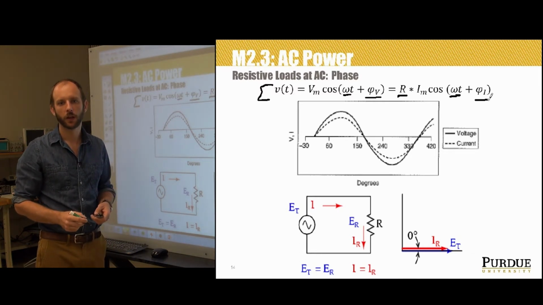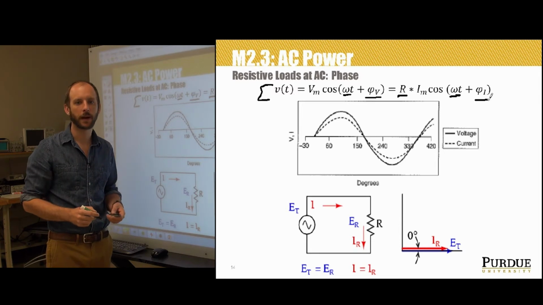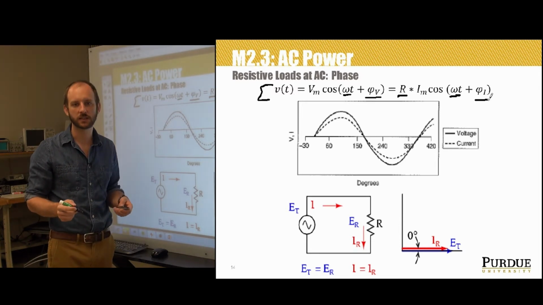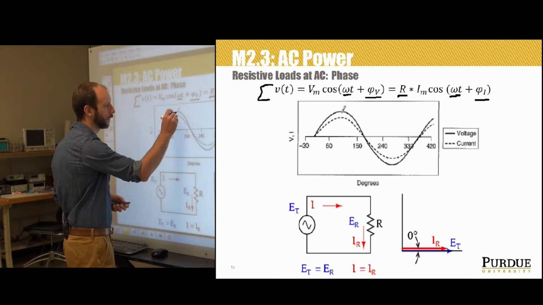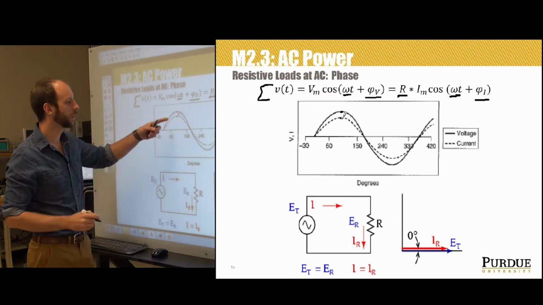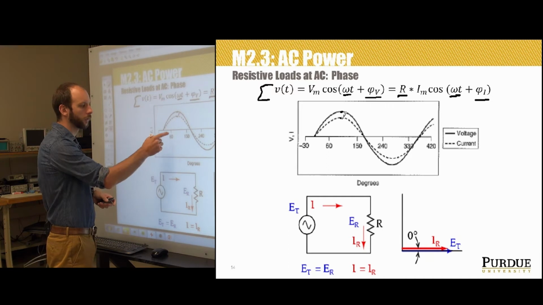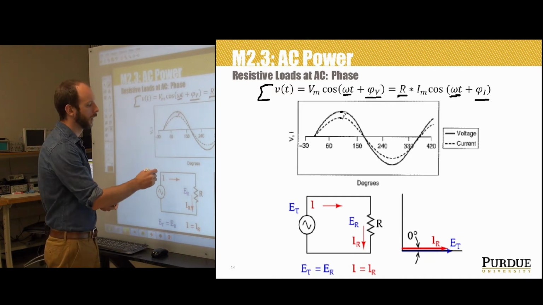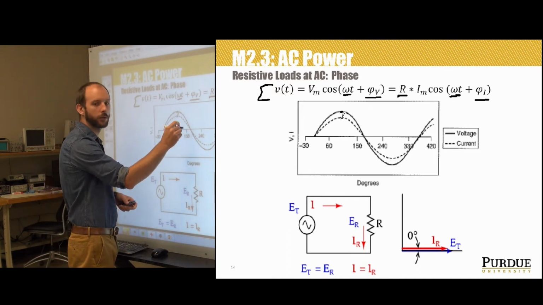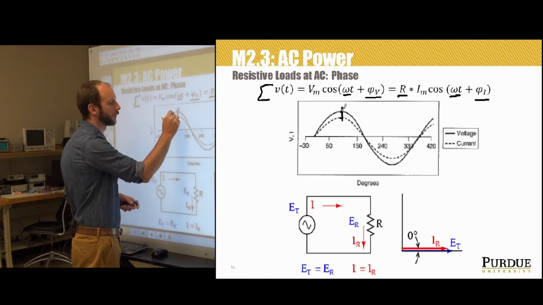For example, they are at their positive maximum at the same instant in time here. We see that the voltage and the current for this plot of a resistor, this is the voltage and current through a resistor, as they go through the AC cycle, these are directly in phase.